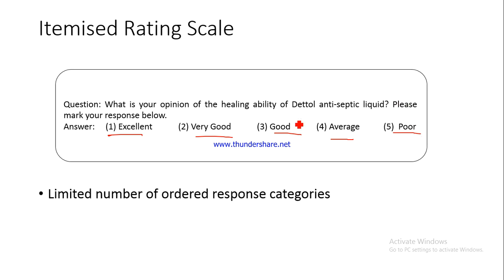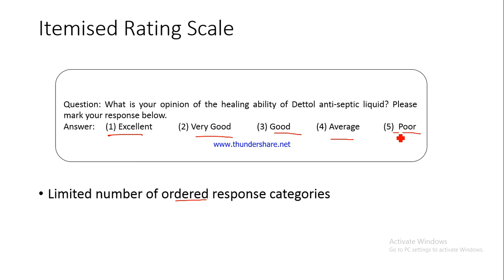Now what are the attributes of this itemized rating scale? Please understand, there is a limited number of ordered response categories. Here we have 5, and they are in an order. Order means there is a particular movement from excellent to poor. So excellent, then very good, then good, average, poor. It's not in a jumbled fashion, for example excellent succeeded by poor, and then again average, and then very good and good.